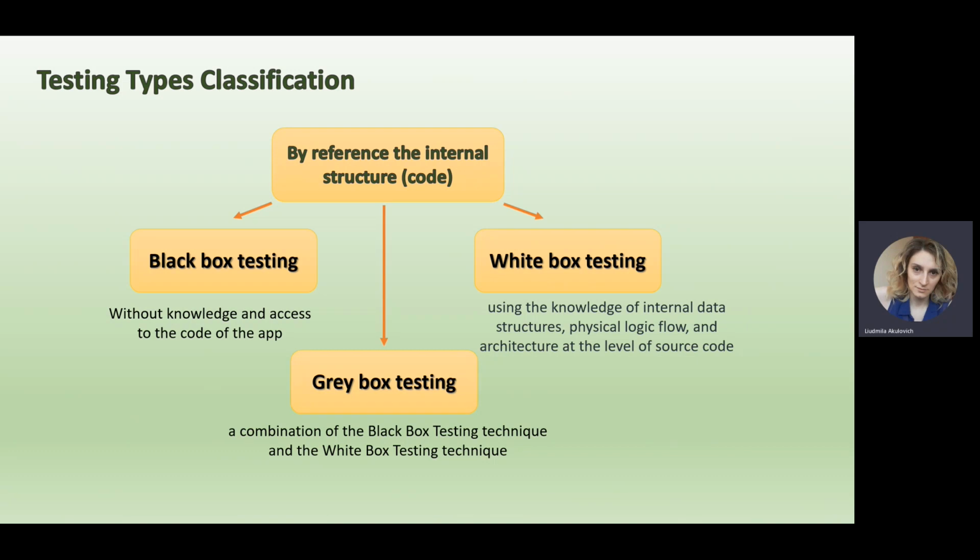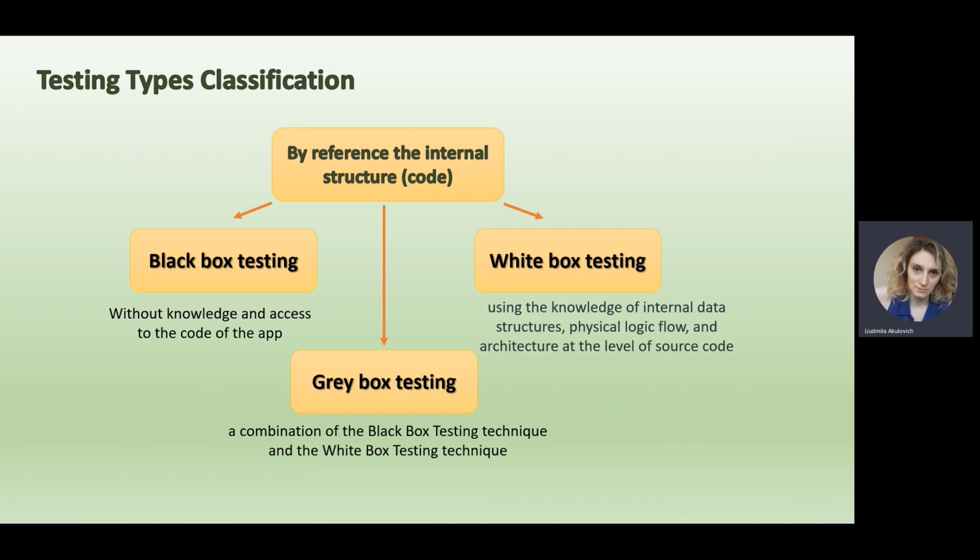In this case, I'm able to perform white box testing. Gray box testing is a combination of black box and white box testing techniques. That means gray box testing is a technique to test a software product with partial knowledge of the internal structure of the application or partial access to the application.